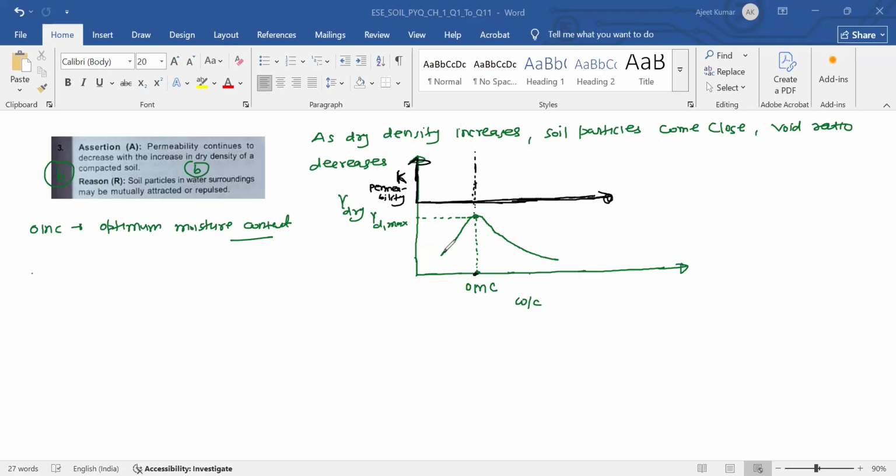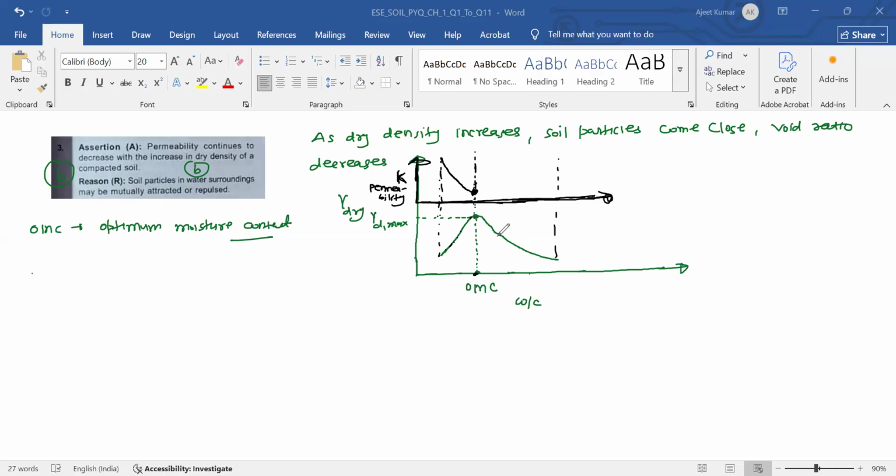So as gamma D increases, the permeability goes on decreasing, up to this point, because gamma D is increasing.